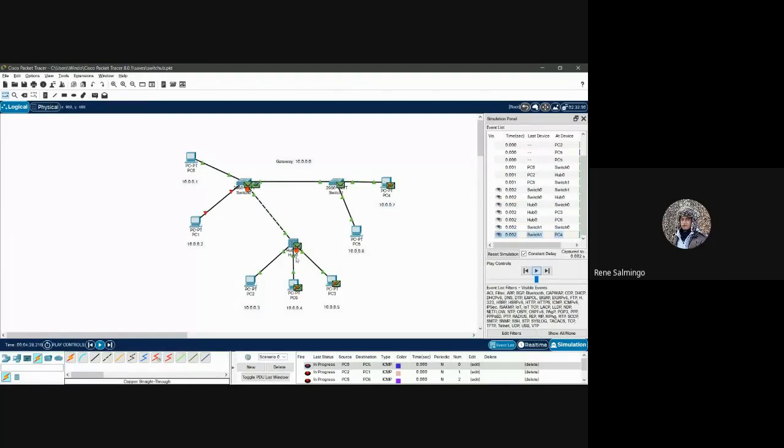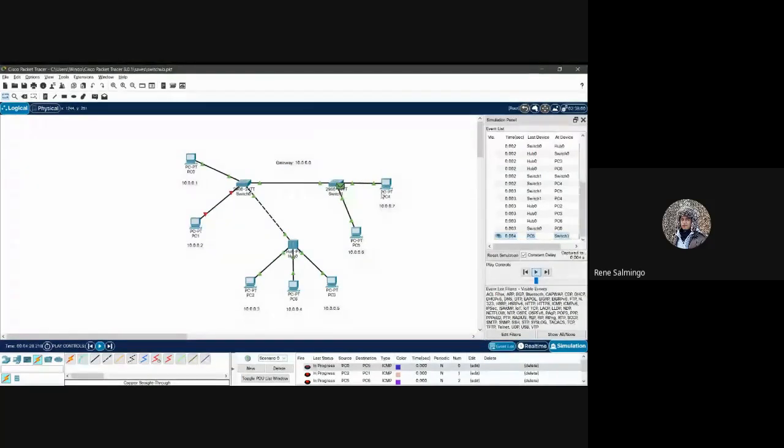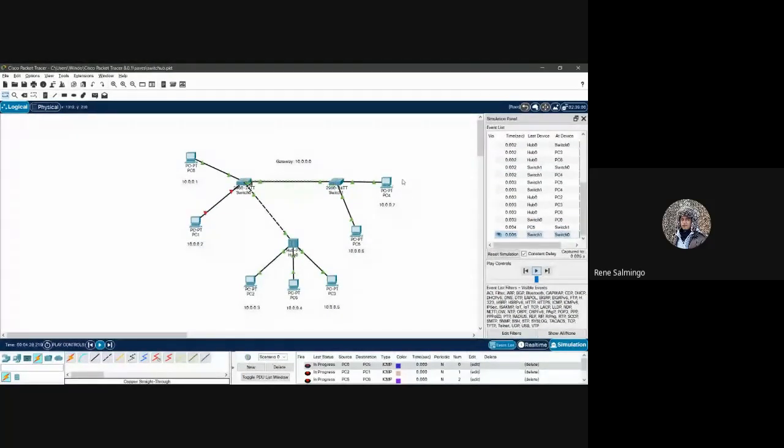Take note, if there is red fire ongoing, that is a collision, and if there is an X, meaning that it is not successful. But if you have a check, meaning that both of the computers are able to send and retrieve information. So we have retrieved information from this computer, I think.